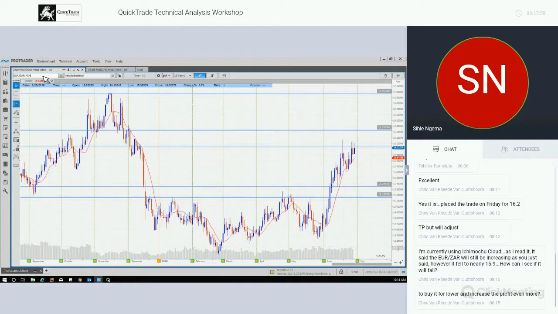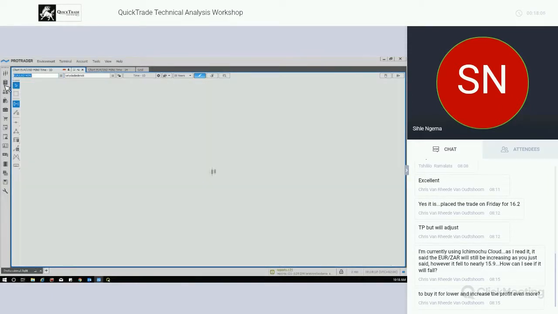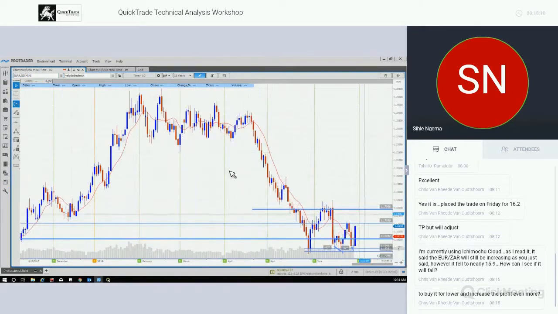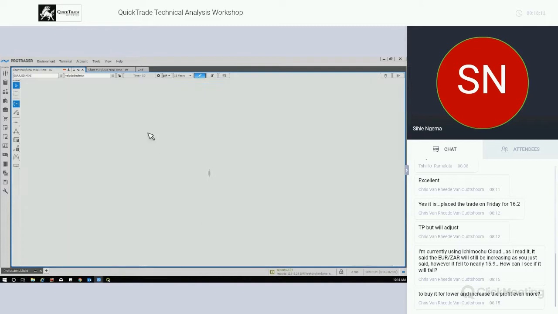Okay, let me show you what I was talking about on the Euro USD. Maybe this is what you can look out for when you are analyzing your stock, so that you can see when you're about to have a reversal.